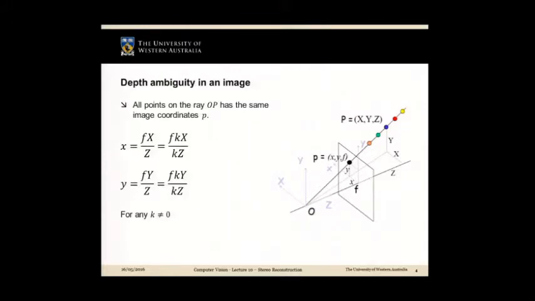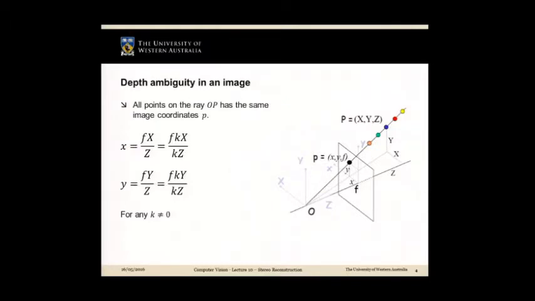So let's say you take the projection of these points on your image plane. From your single image, you can't really tell which point has been projected on the plane, and you don't actually know the depth of this point from your image plane, or the distance from the camera.